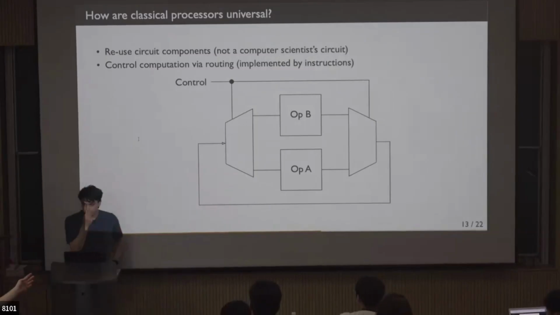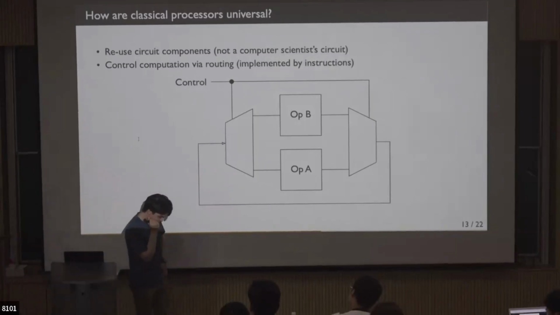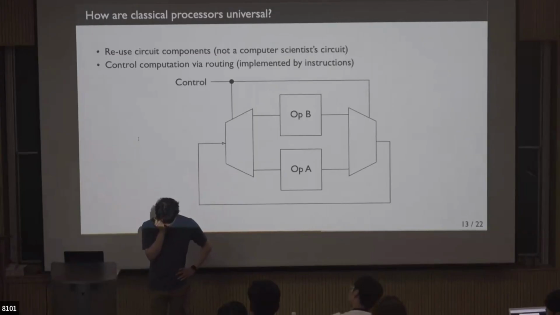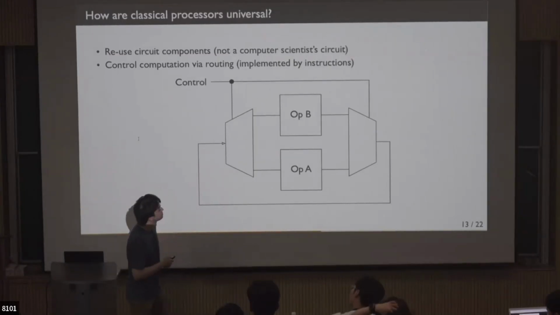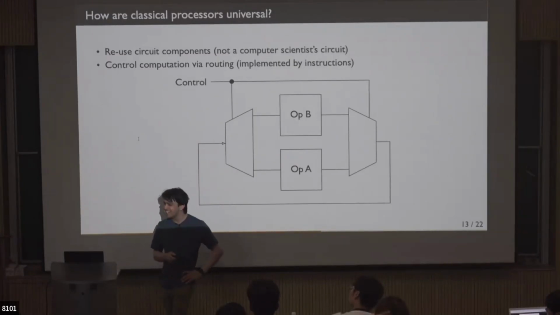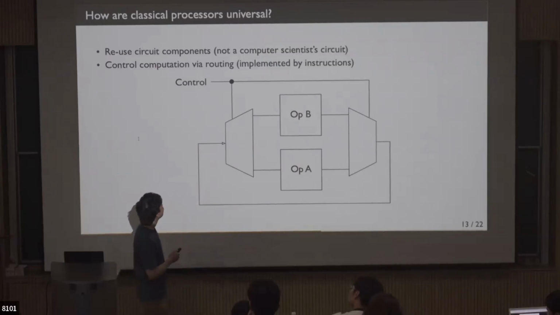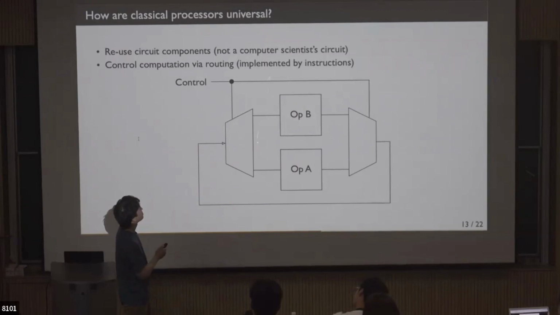Or is the control line a clock? The way to think about it is that these registers that I showed earlier are sitting interspersed everywhere here, and this component here is just like a switch, like a railway switch.